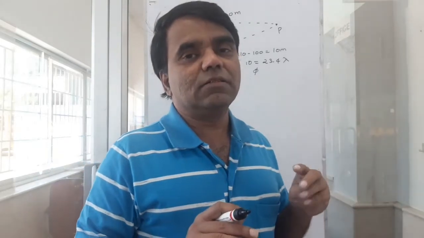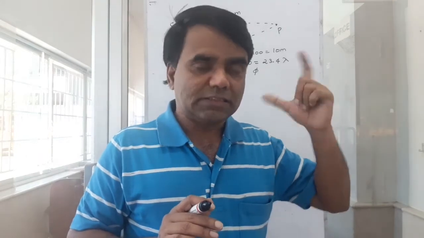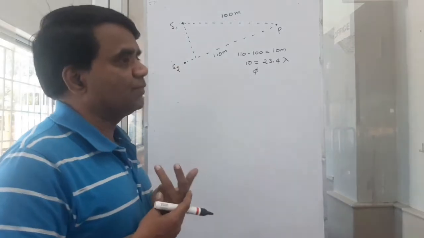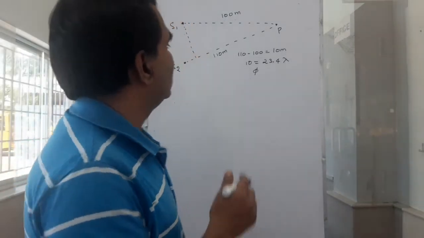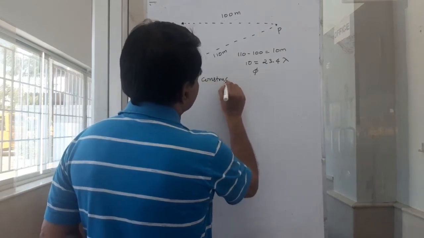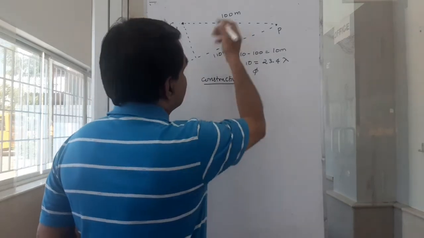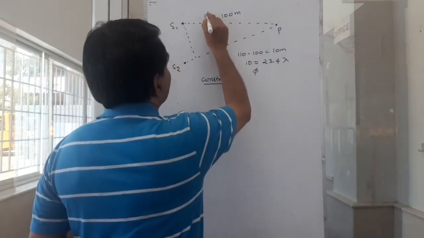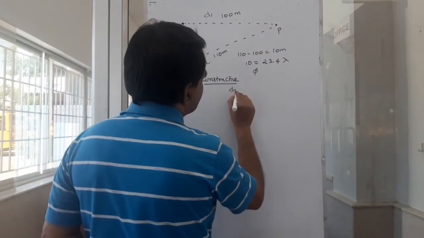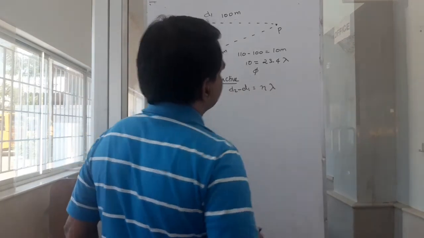In both cases, interference takes place, but in one case it's constructive, and in the other case it is destructive. So that's what we have discussed so far. We said for constructive interference, the path length difference, if I call this d1, and this length d2, then d2 minus d1, the path difference, is going to be equal to n lambda.